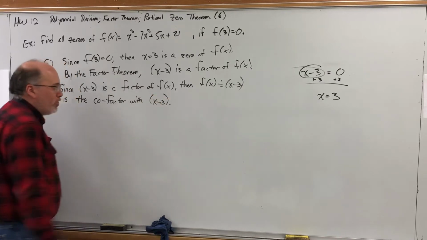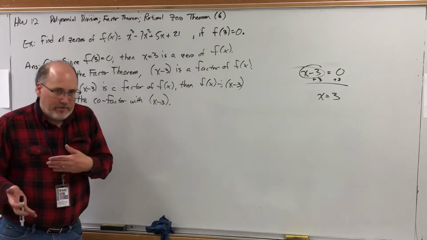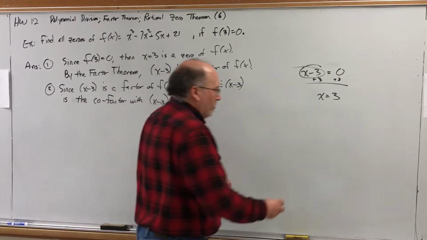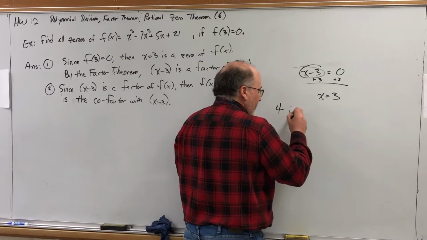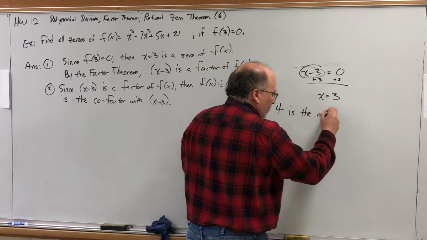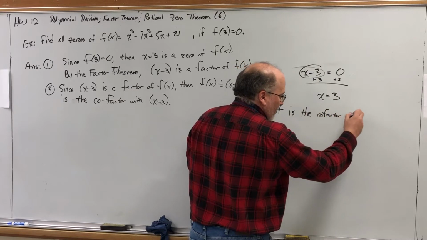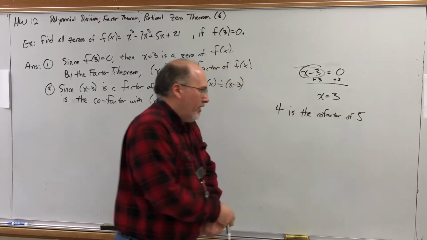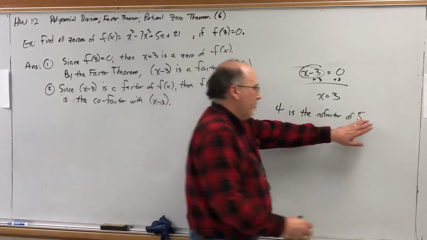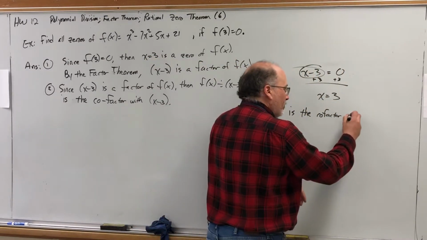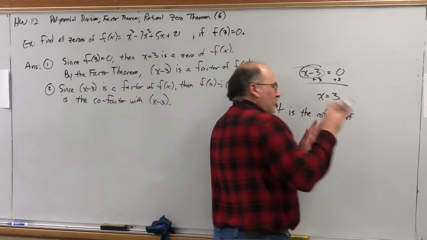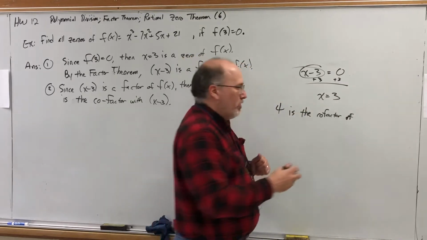And what I mean by cofactor is two factors together that make a product. For example, if I said 4 is the cofactor of 5, then the product is 20. Because what number do you multiply by 4 to get 20?